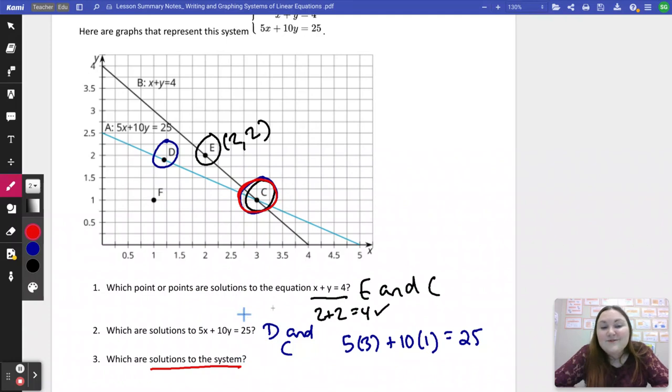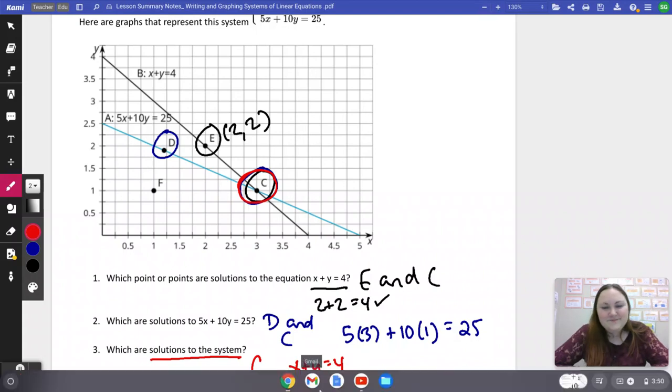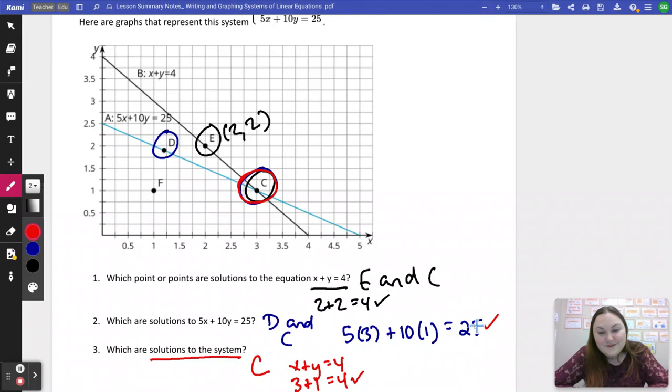There's only one solution for the system of equations, and that is the point C. We already saw right here that C is a solution for that second equation because 5 times 3 plus 10 times 1 equals 25. If I substituted that pair of numbers into our first equation, which was x plus y equals 4, we're going to have 3 plus 1 equals 4, which is also true. It was true for both of those equations, so therefore C is that only solution for the system.